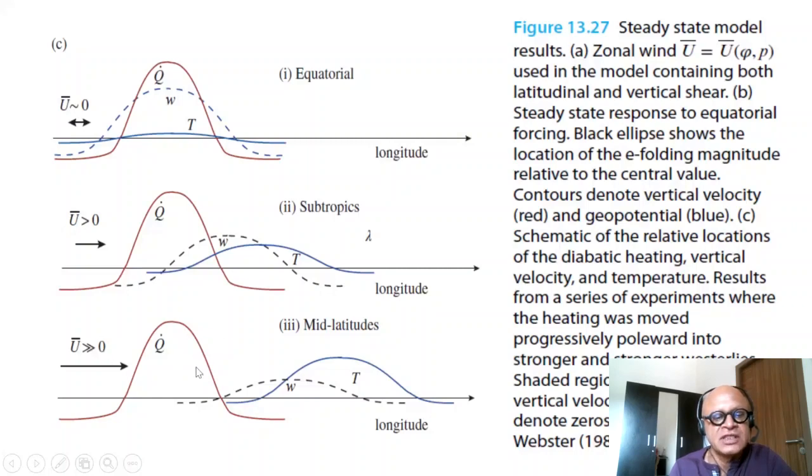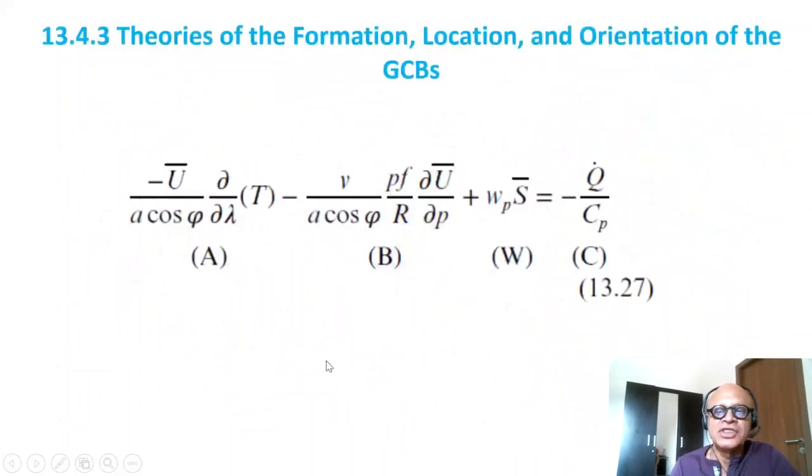So you can see that the heating impact is translating into different balances of terms in this equation away from the heating region. So in the tropics, you have a balance between the longitudinal heating and the vertical motion and the heating, the imposed diabatic heating.